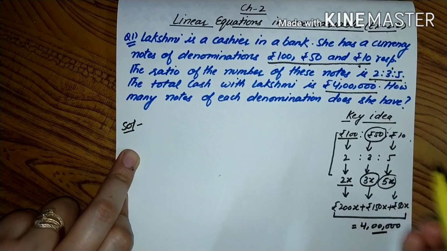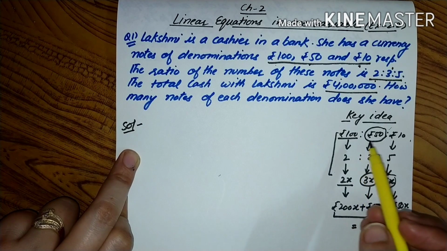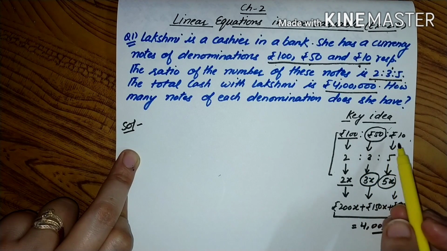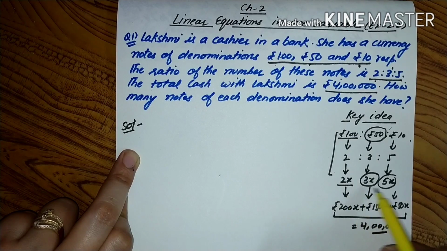As I have told you, we have to take the number of notes of rupee 100, rupee 50 and rupee 10 to be 2x, 3x and 5x.